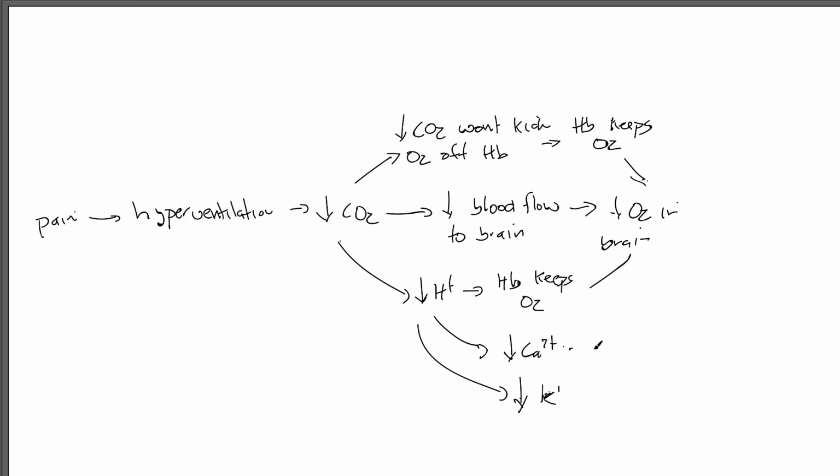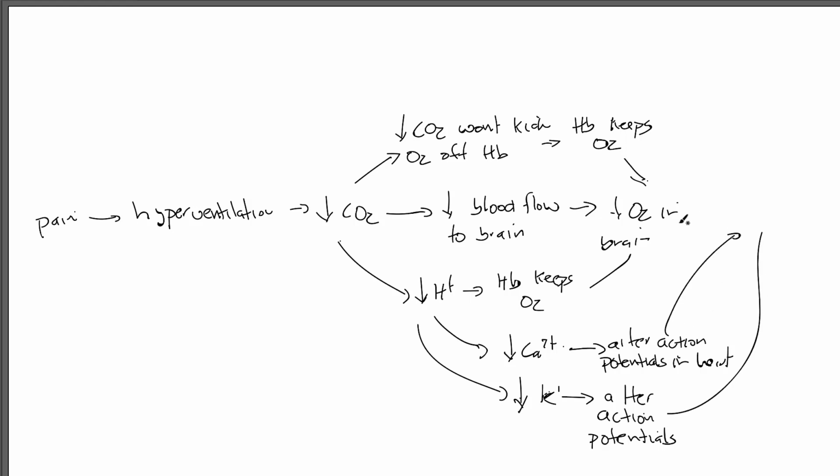And both of these are going to alter action potentials. Potassium everywhere, muscle, heart, neurons. This one's going to alter action potentials in the heart. And potentially it could elsewhere just because calcium does that. But all of these are going to lead to altered mental function.